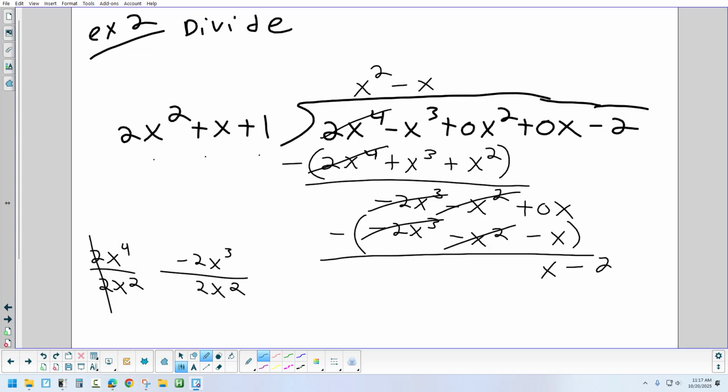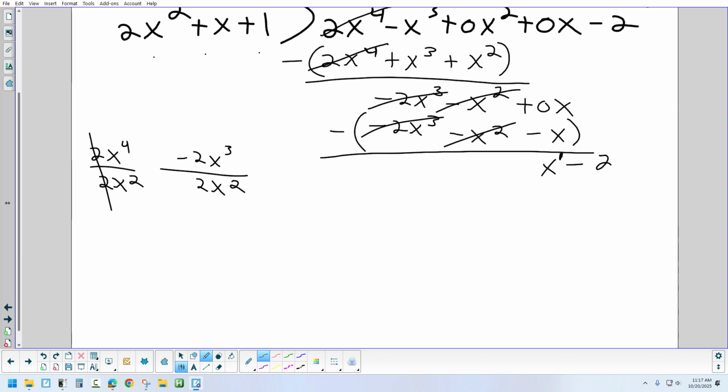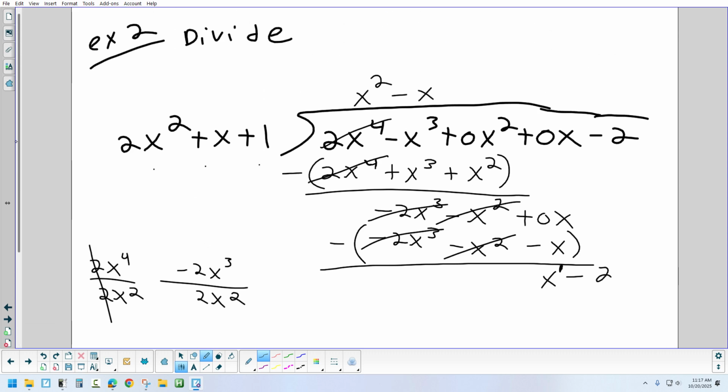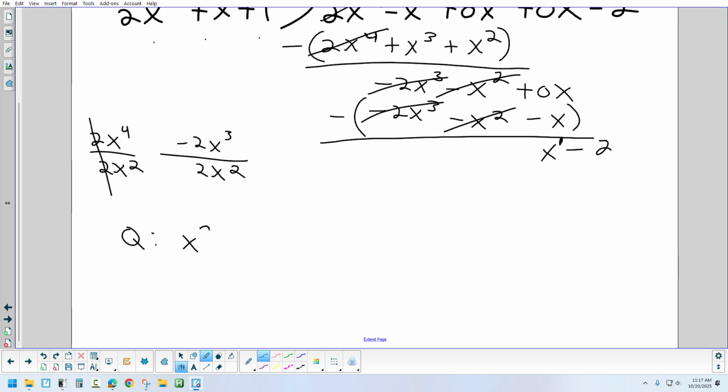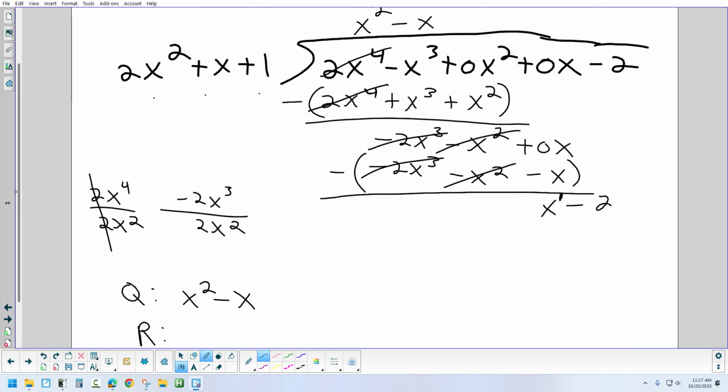Now, what's the degree of what's on the inside? 1. What's the degree of what's on the outside? 2. I'm done. This is now smaller than the exponent on the outside, so I can't go any further. So we read our answer. The quotient is x squared minus x, and the remainder is x minus 2.